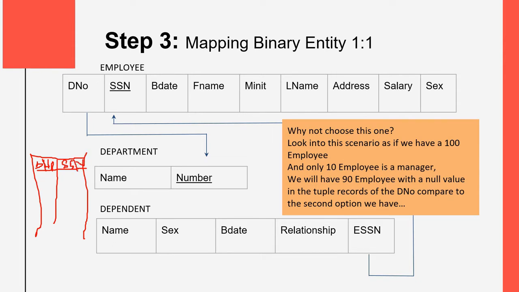Let's say we have hundreds of employees: employee 1, employee 2, employee 3, 4, until 100.